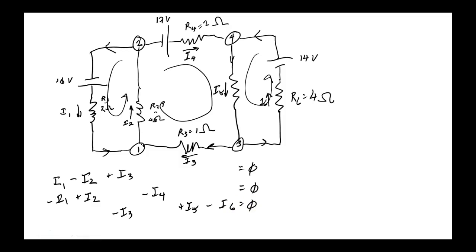Junction 4, or node 4, whatever you want to call it, has I4 coming in, I5 leaving, and I6 coming in. So that adds up to 0. So those are our 4 junction equations.